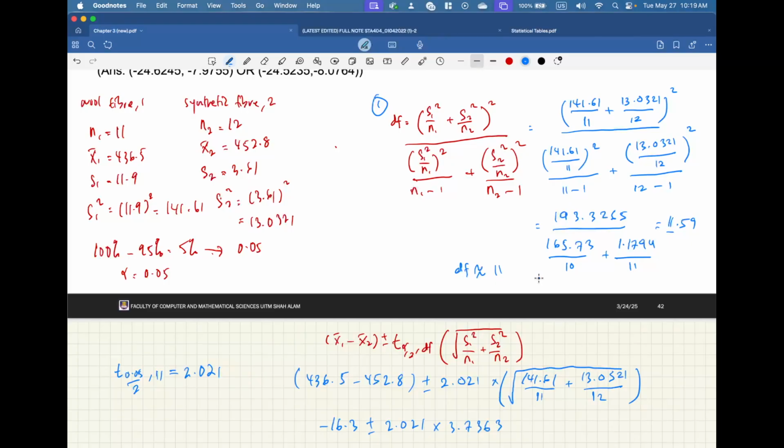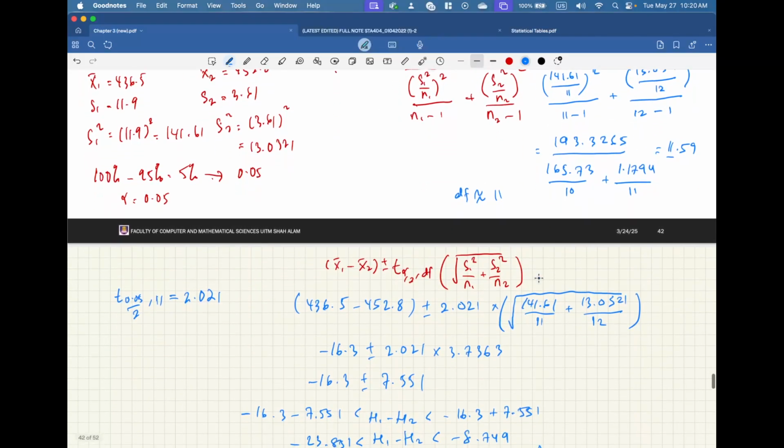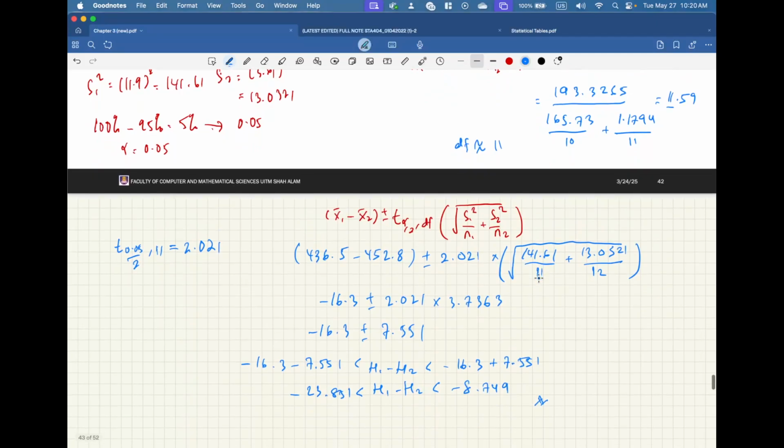For this particular example, the calculation is quite complicated, and careful calculation is needed. I think this is my presentation for today. Thank you guys. See you.